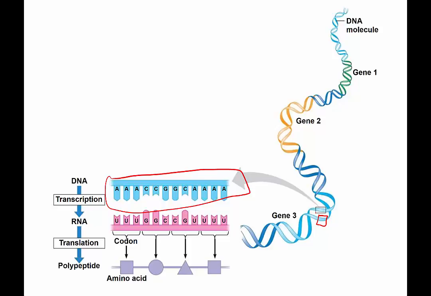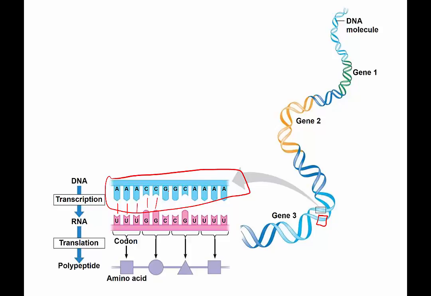Based on this DNA, we're going to have the process of transcription happen. As you can see, we go from DNA to RNA, and if you look closely, we actually have complementary base pairing happening. Here we have A pairing with U, G's with C's, and so on. Remember in RNA, instead of thymine, we have uracil.